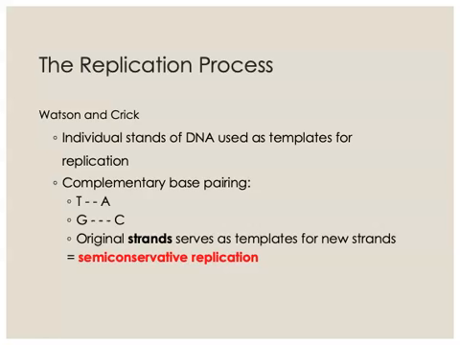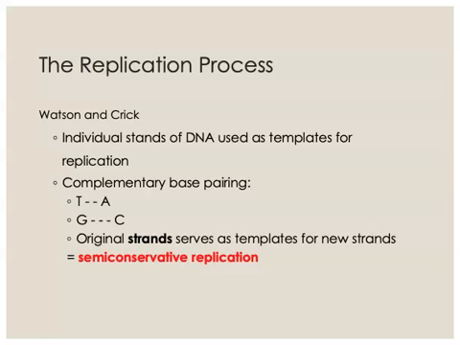Watson and Crick determined that when DNA is synthesized in a living cell, the cell uses old DNA as a template, but not the entire double helix of old DNA. Instead, the cell takes the double helix and splits it into 2 individual strands of DNA, and then uses each strand as a template for making new DNA.